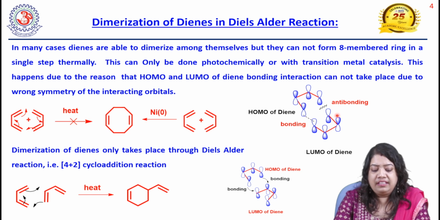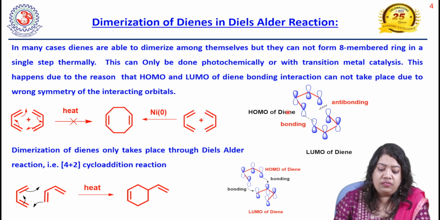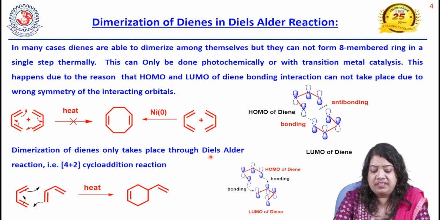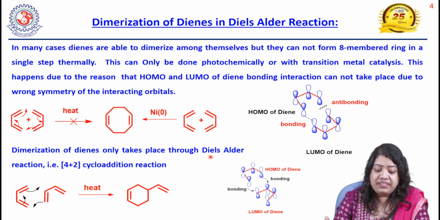That is why in this reaction, the dienes do not form an 8-member ring while dimerizing. Instead, dimerization of dienes takes place only through the Diels-Alder pathway.